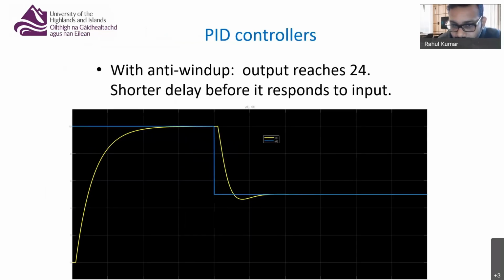Now again, if you try and reduce the delay or the difference, you may have some overshoot over here. So basically the best possible solution of integral wind up is to keep a note of the physical limit of your components and design your controller accordingly. Okay.